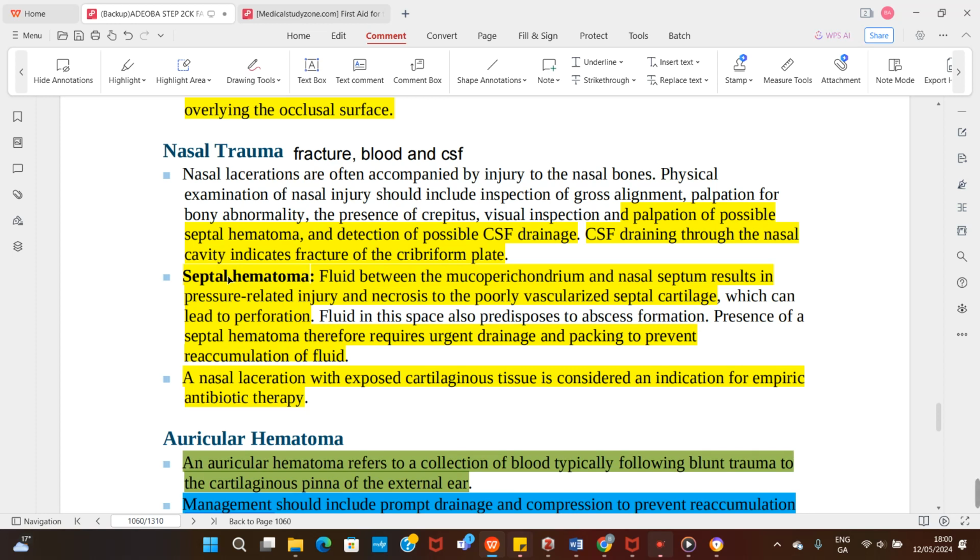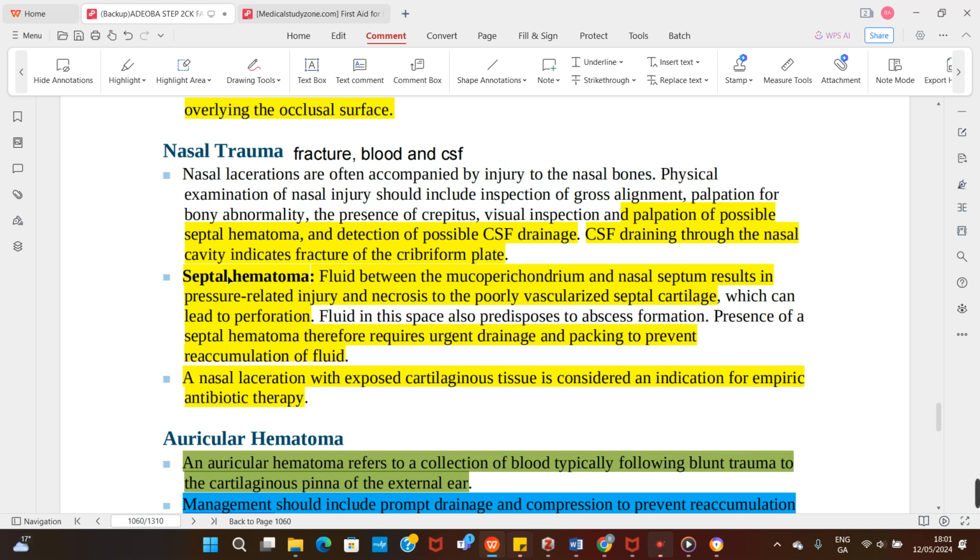The perichondrium is enriched with numerous blood supply that provides nutrition to the cartilage. So if there is injury, there's tear of those vessels and they can easily bleed into the space between the perichondrium and the cartilage. It can accommodate the blood, and the compression there can compromise blood supply to the cartilage, leading to ischemic necrosis. You don't want that to happen.